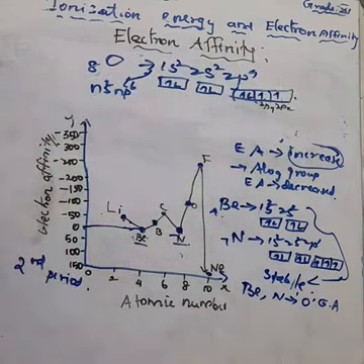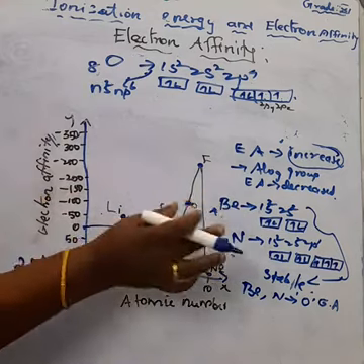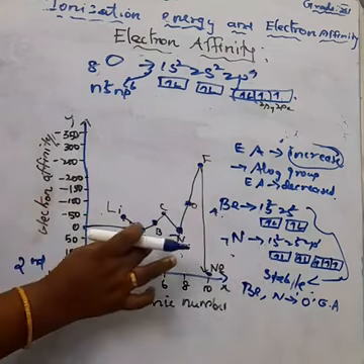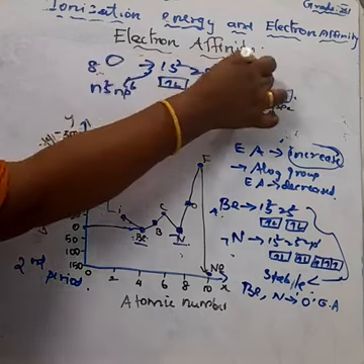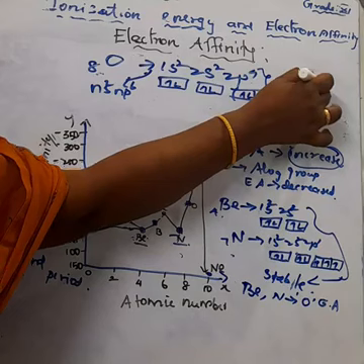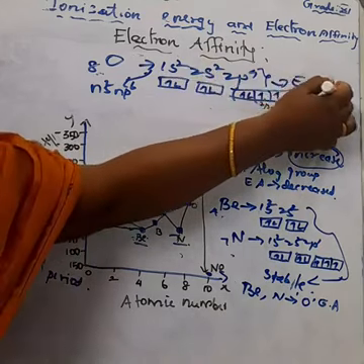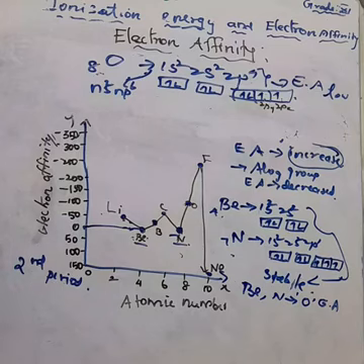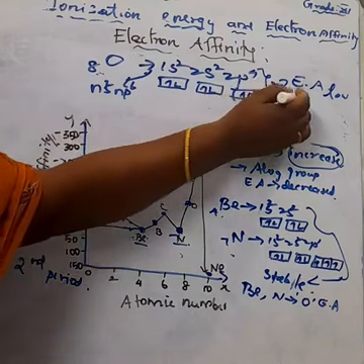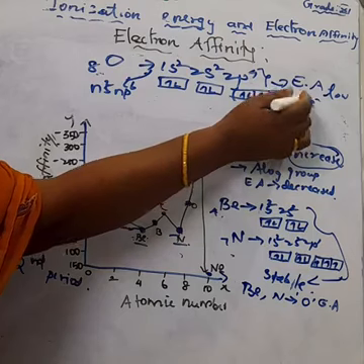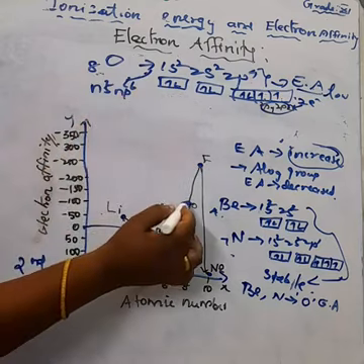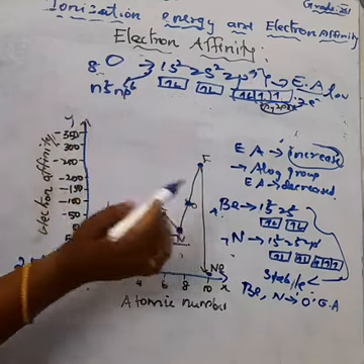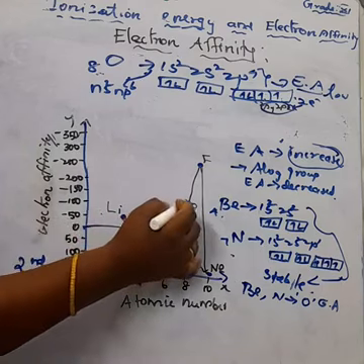Usually along the periods the electron affinity is high, but in the case of beryllium and nitrogen, electron affinity is 0. But oxygen needs 2 electrons to get the stable electronic configuration, so when adding 2 electrons in the 2py and 2pz orbitals, it releases a lesser amount of energy. So for oxygen, the electron affinity will be low. Understand?